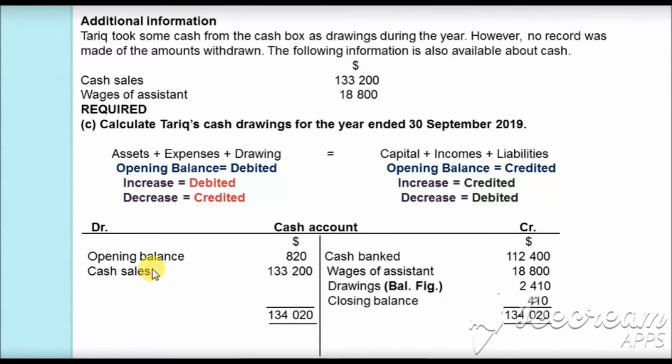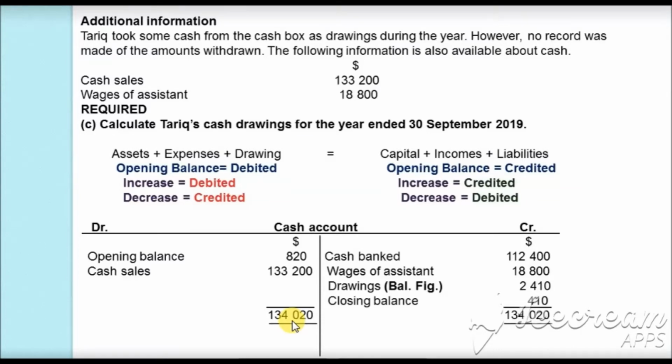As the opening balance is on the debit side, the closing balance will be on the credit side. This is the cash balance which was mentioned in the information on 30th September 2019 as $410. After this, we will total the debit side, that is, we'll take $133,200. To this we add $820, and we get the total as $134,020.